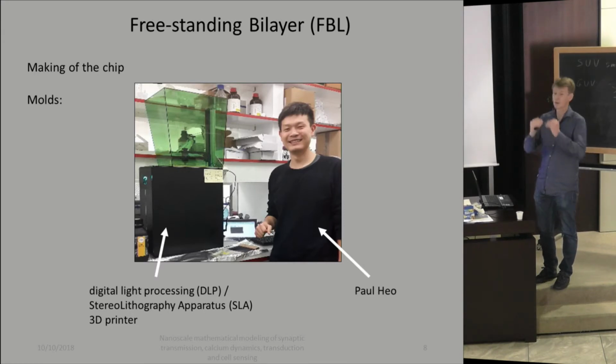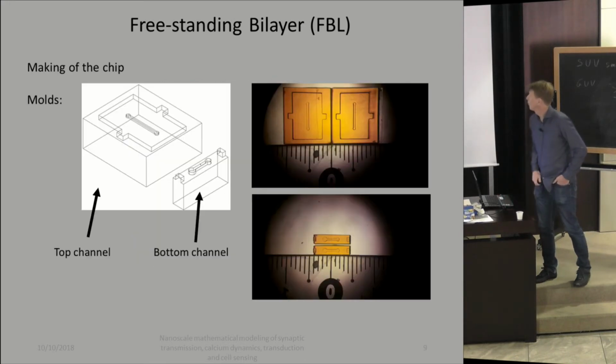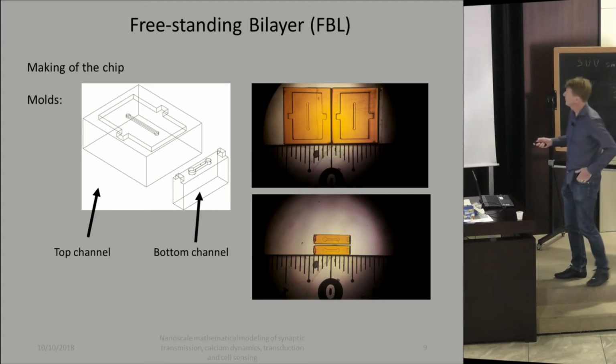Okay, so that's how we make our mold for the nanofluidic chip. So what type of mold do we have? We have two molds. One for the bottom channel, which is this one, and one for the top channel. So of course the mold is a negative of what we want to have. So this is the bottom channel.